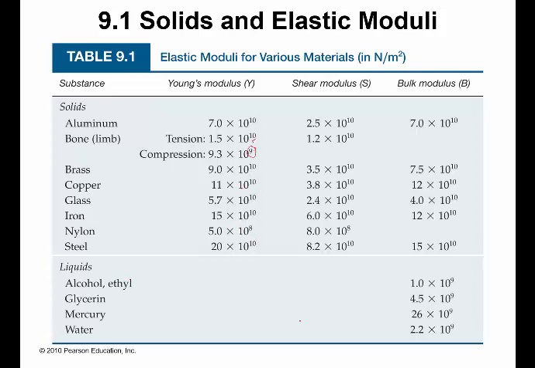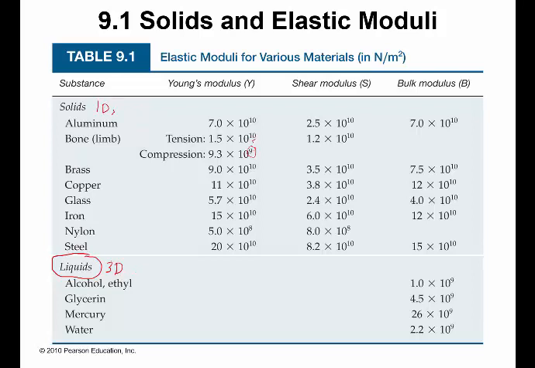And then we can actually look at not Young's modulus or shear modulus, because those are one-dimensional, but we can look at bulk modulus, which is symbolized with a B. We can only look at bulk modulus in regard to liquids, because liquids can only be three-dimensional. Solids can be one-dimensional.